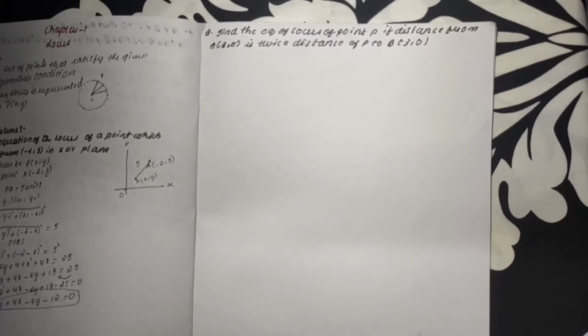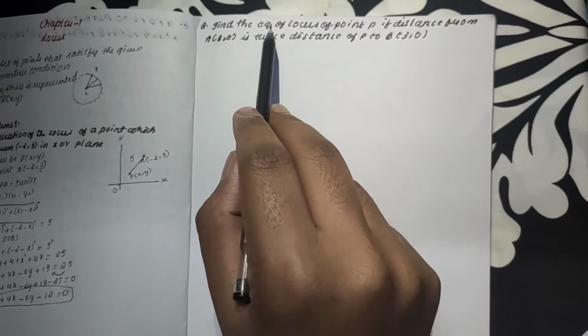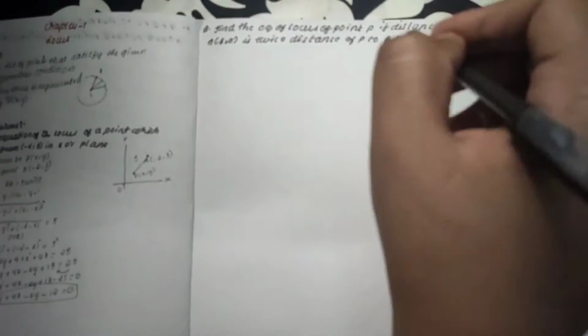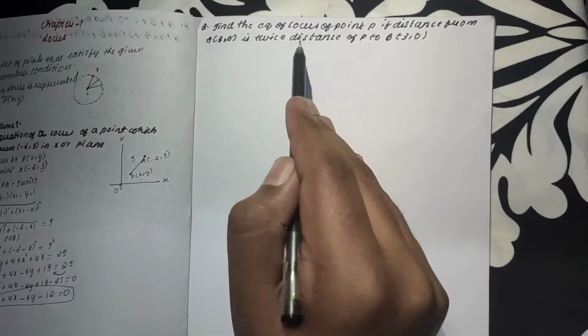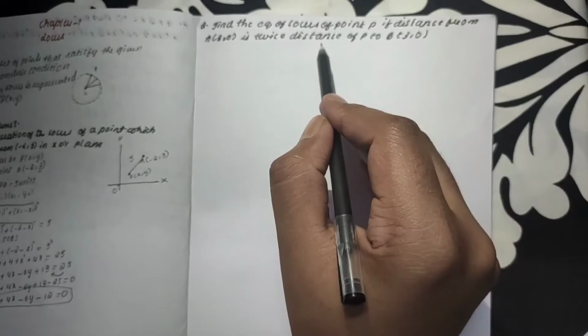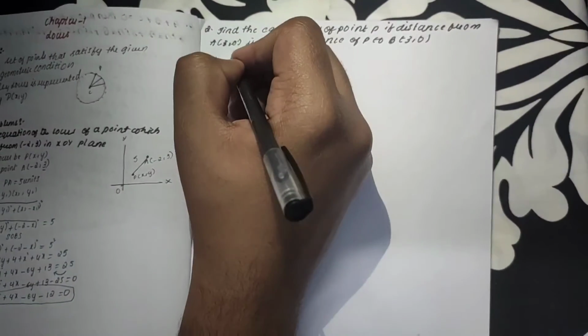I hope you have understood the previous sum. So let's go to the next sum: find the equation of the locus of point P if the distance from point A is twice the distance of P to B. In this question, the first two steps are common.